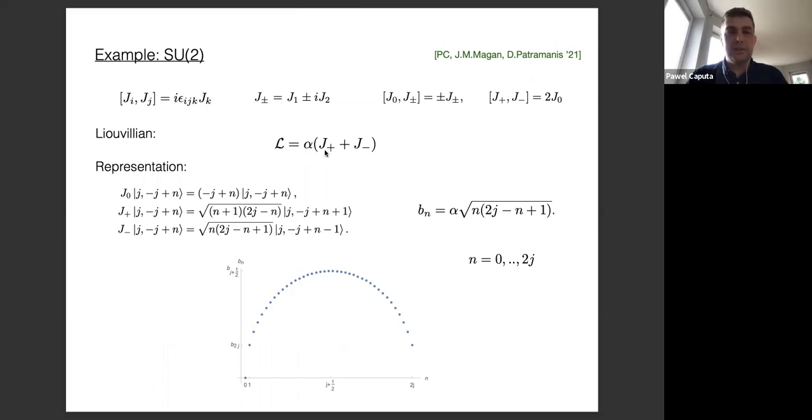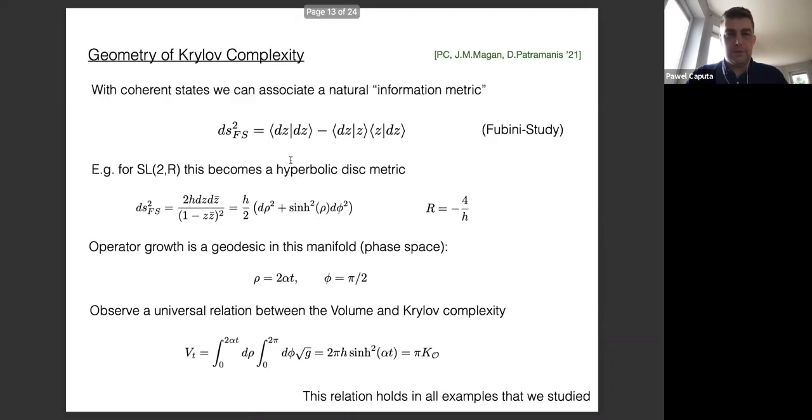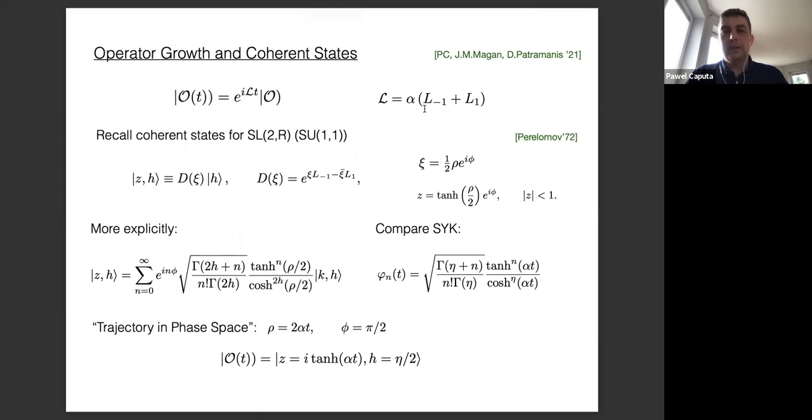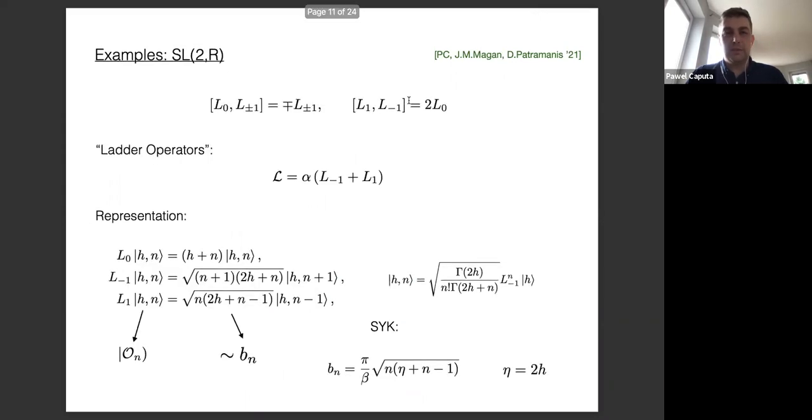By the way, what is important is that in the symmetry approach, maybe Jacek asked this question at the very beginning. When we think about the symmetry approach, also for this SL2R, this alpha that I'm talking about here is the same alpha that appears in this Lyapunov exponent and in the growth of the bn's.